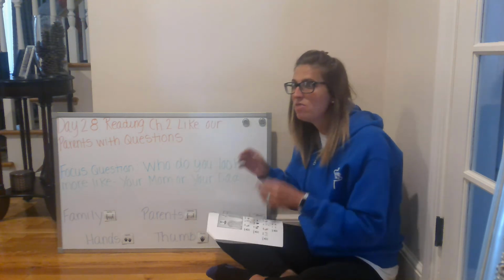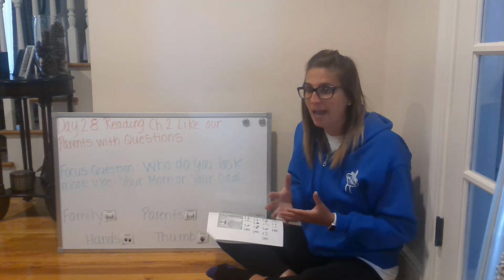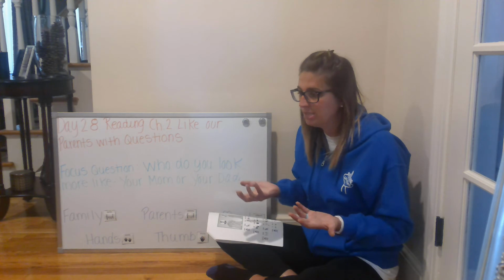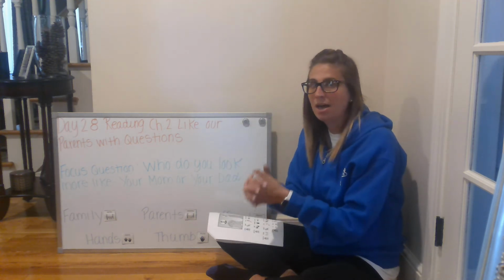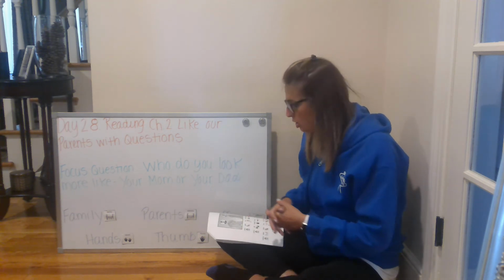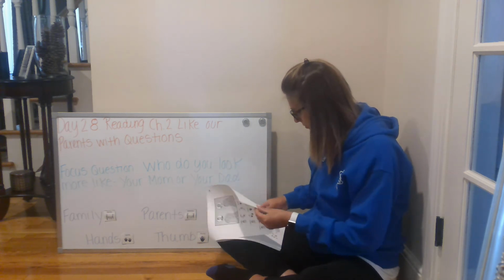So maybe even though Josh doesn't look like his mom as much as he looks like his dad, Josh and his mom do similar things. For example, when they put their hands together, Josh's left thumb goes on top, and so does his mom's. So they share some of the same traits.